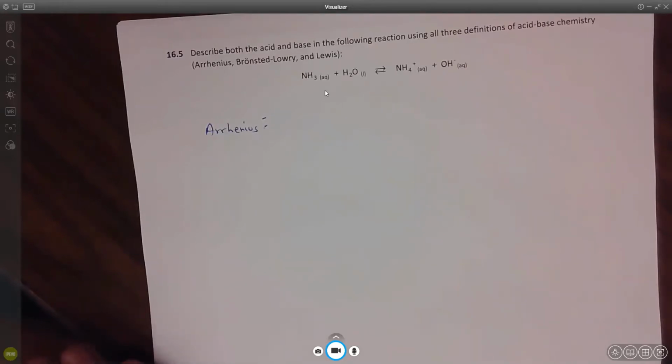Is the H2O the acid? But what is the definition of an Arrhenius acid? An electron pair acceptor? That's Lewis. Oh, sorry, I'm going through my notes.